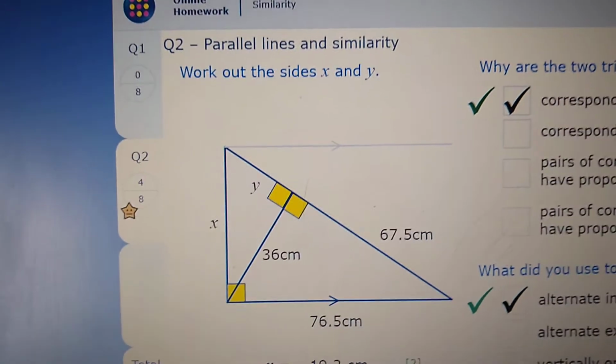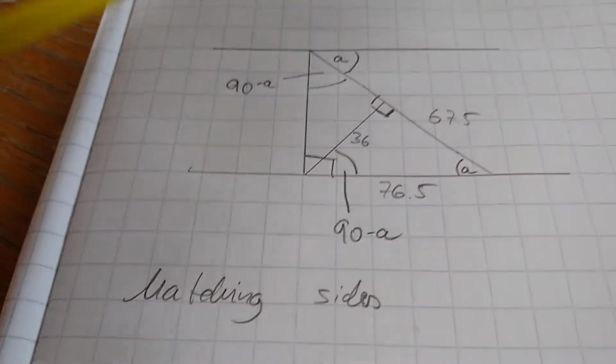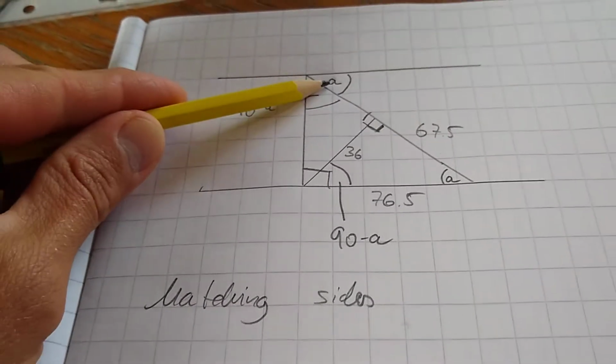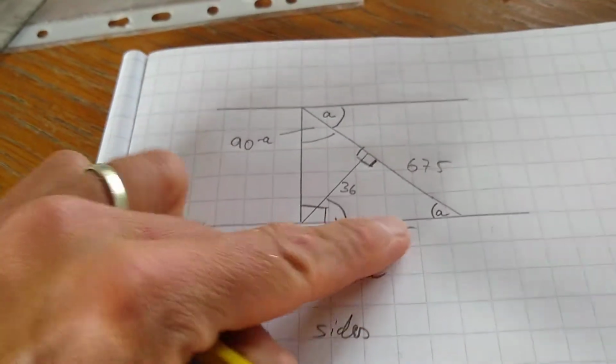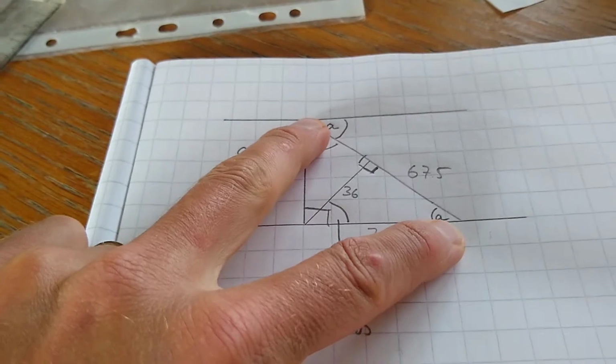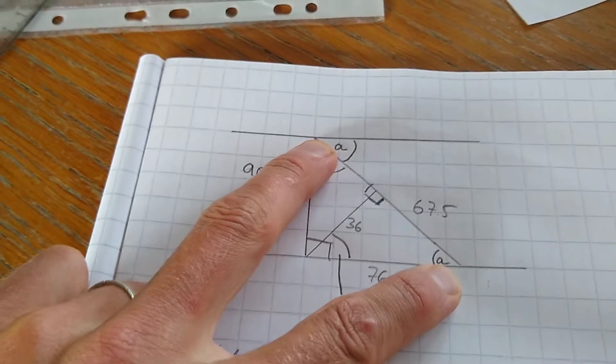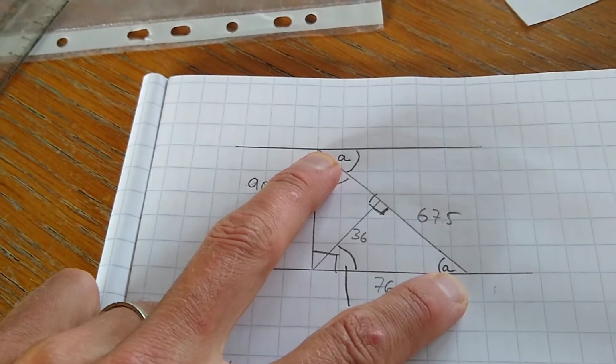So, in that situation, which I've also drawn here, you can match angle A against this angle down here in the triangle, because the two lines are parallel, the horizontal lines are, and these two angles are called alternate angles. Okay?